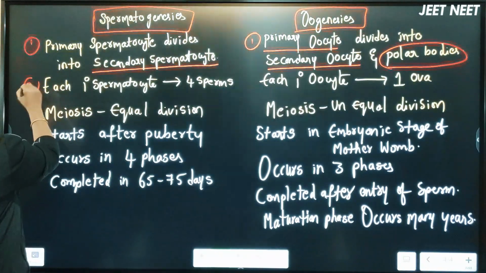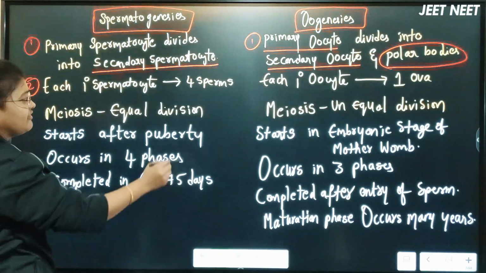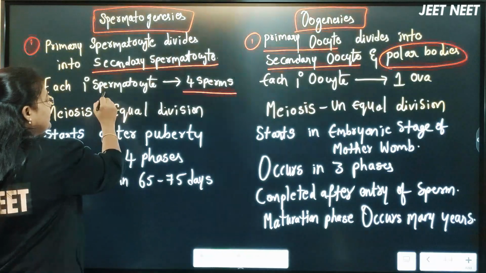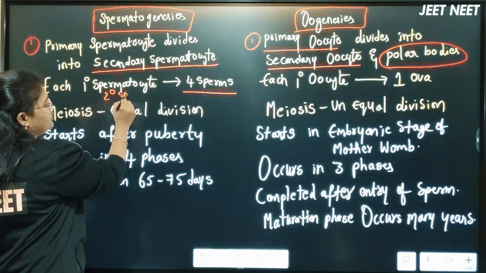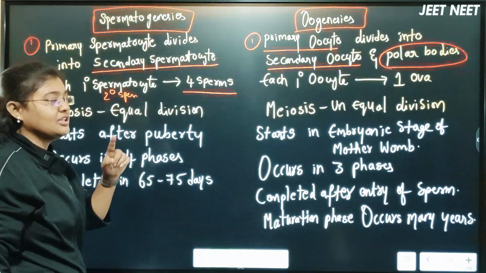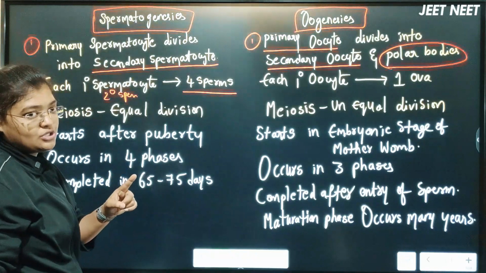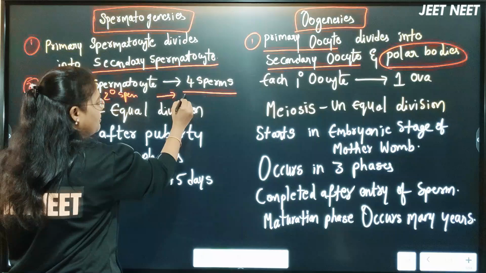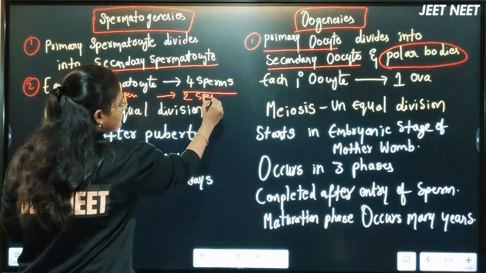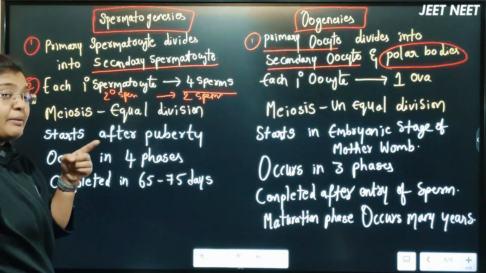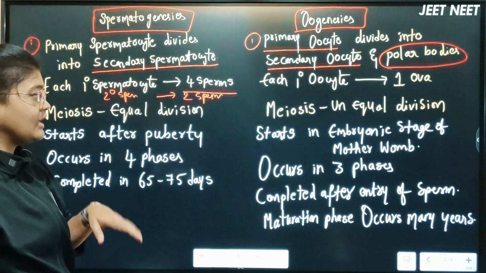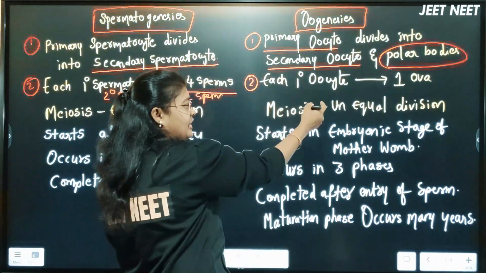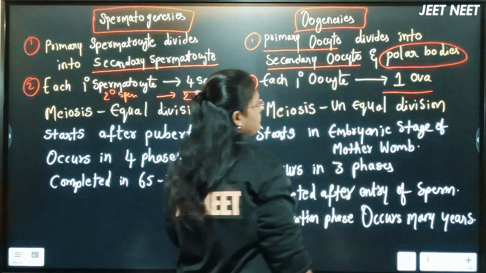Next difference. Each primary spermatocyte will produce how many sperms here? 4 sperms here, right? Each secondary spermatocyte, I have given this topic very clearly in the previous topic, that is spermatogenesis. You can watch that video. Secondary spermatocyte will produce how many sperms here? 2 sperms. And a spermatid will produce how many sperms? 1 sperm, right? If I go with each primary oocyte, how many sperms will it produce?